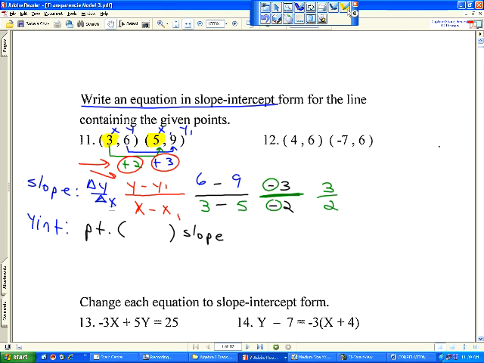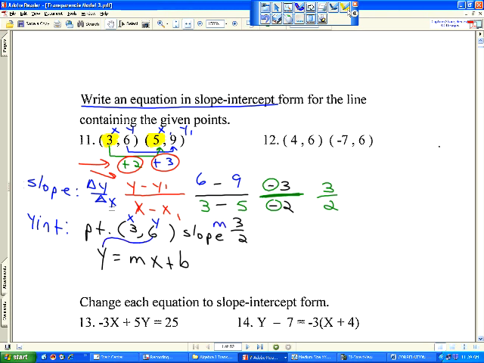And so we're just going to do it the way we originally did it, y equals mx plus b. We're going to pick a point, 3, 6. The slope we came up with, 3 over 2, and substitute those in. This is the x, y of our point, and slope is m.